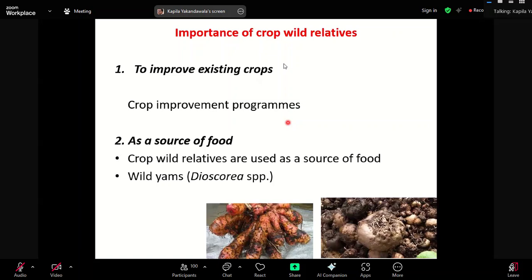Okay, so what is the importance of crop wild relatives? We can mention 2 points. First, to improve existing crops, we need crop wild relatives. And secondly, as a source of food, because still we eat certain wild plants as a source of food, like this Dioscorea, wild yams.